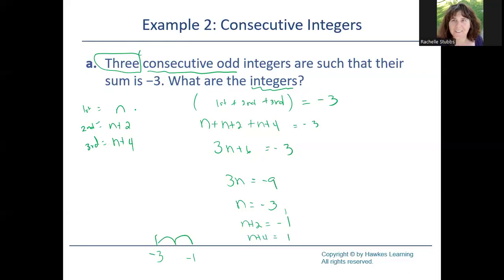And so my numbers are a -3, -1, and 1. And those are 3 consecutive odd integers that when I add them together, their sum is a -3. And that actually is true, isn't it? -3 plus a -1 plus 1 is a -3.